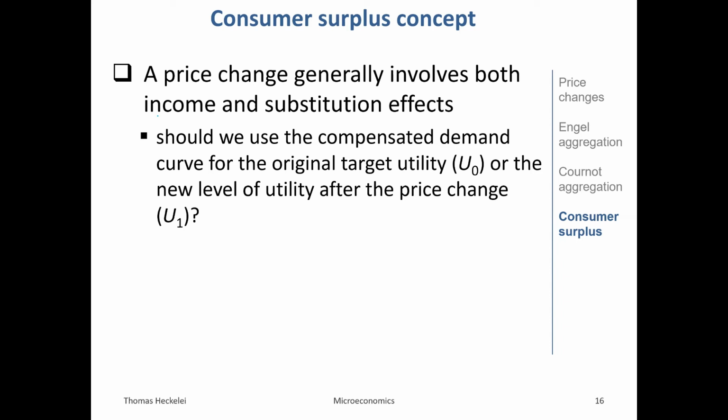One with U0 and one with U1. So at the end, which one to use? Have you wondered that yourself? If you are puzzled by such questions, you are on the right track. Congratulations. It's indeed a problem that we want to overcome here with the consumer surplus concept. So let's go.